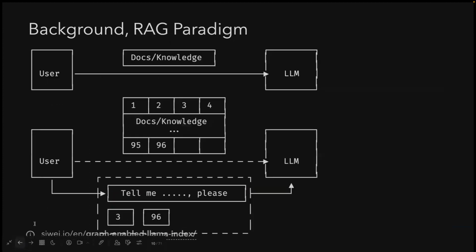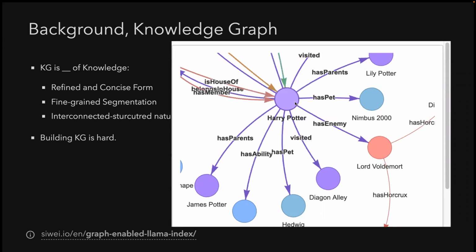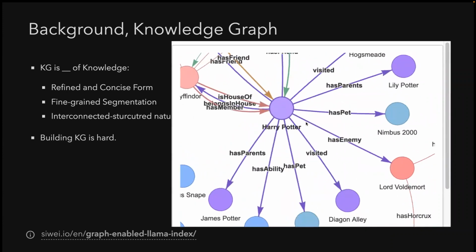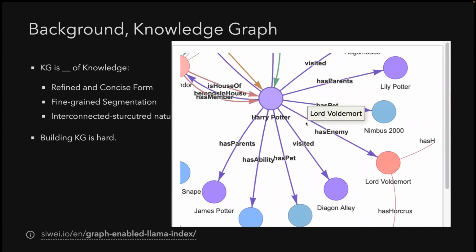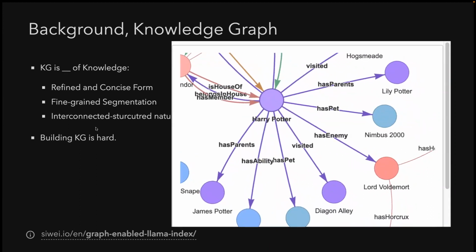It's a fine-grained segmentation of the data or information, and it also enables interconnection between the entities, the small segments of the knowledge. So maybe it can make some difference. This is a hypothesis, and maybe we can try to bring the knowledge graph into this stack, into this paradigm.